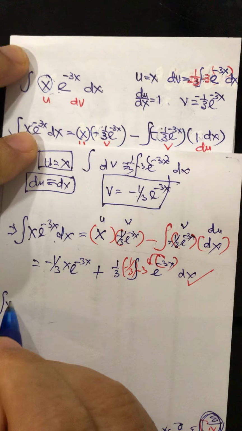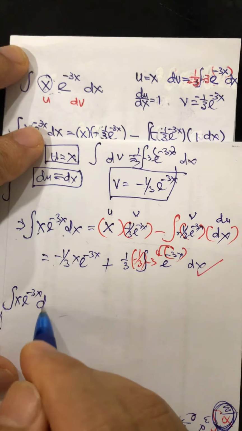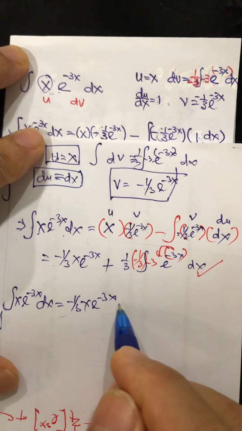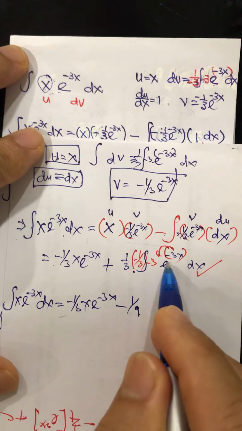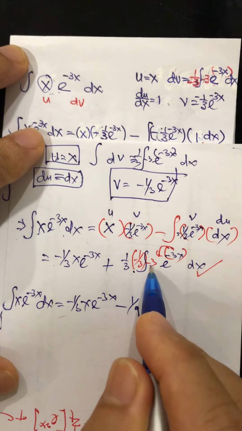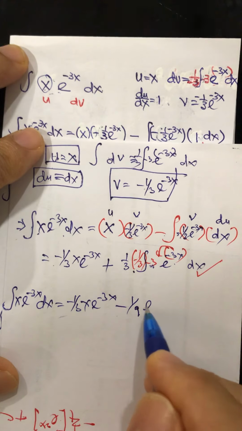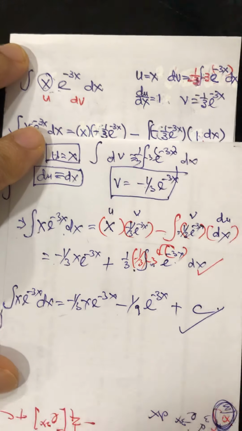Therefore when you integrate this, you will get negative 1 over 3 x e to the negative 3x minus 1 over 9 e to the negative 3x, and with the negative 3 here, you can integrate this to give you this. So the answer is correct.